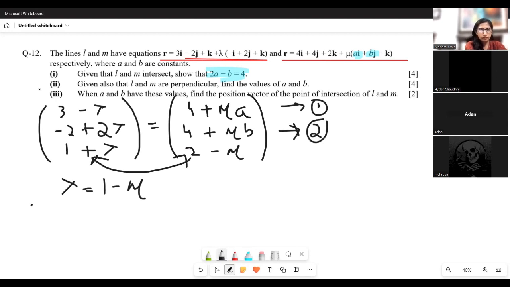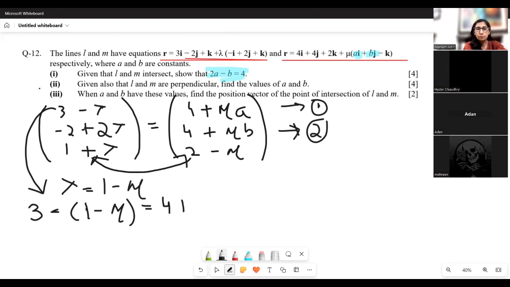So we have 3 minus, instead of lambda, I'm writing 1 minus mu. My screen has started to lag slightly. This is equal to 4 plus mu a. So 3 minus 1 is 2, plus mu, equals 4 plus mu a.